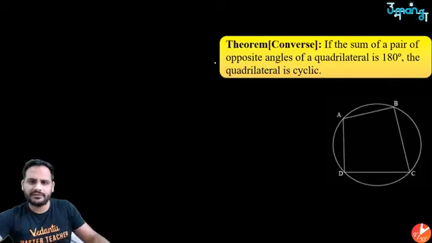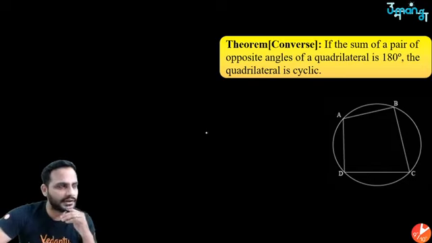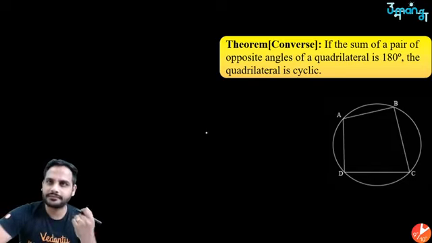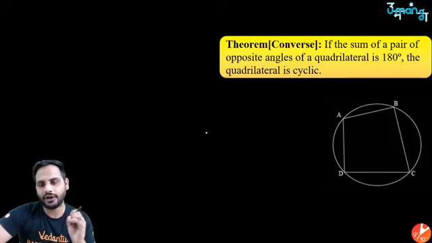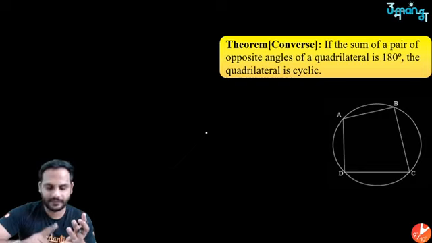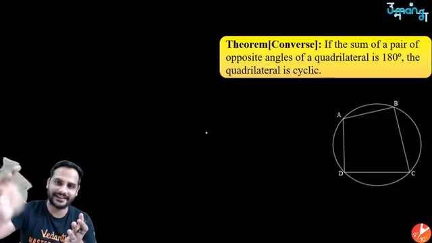So you can understand one thing, that means sir, a square, a rectangle, they will always form a cyclic quadrilateral. Not a trapezium, sorry, I was wrong about the trapezium, because I was thinking about adjacent angles, opposite angles.